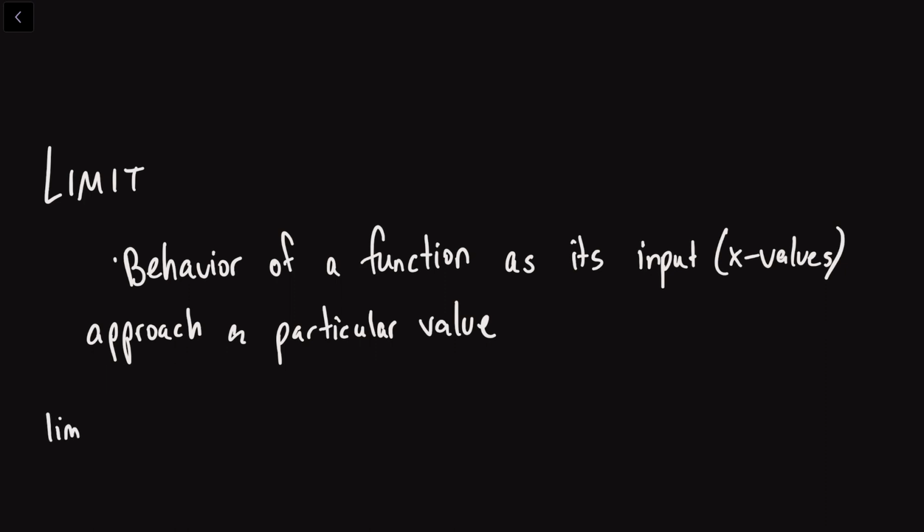So the limit of a function f of x as x approaches c, a particular value c, equals, and we evaluate that as whatever it is. So that's the form of the limit.